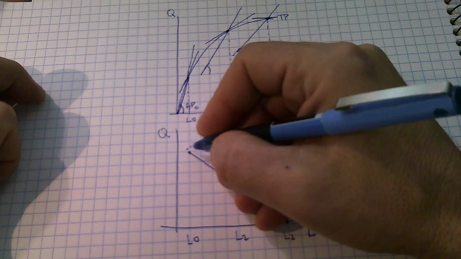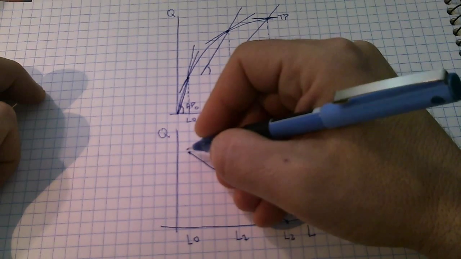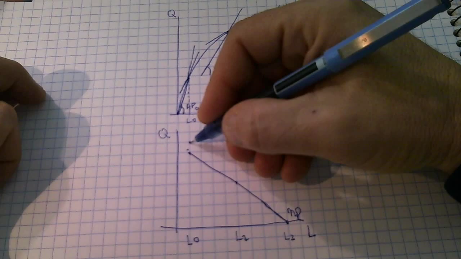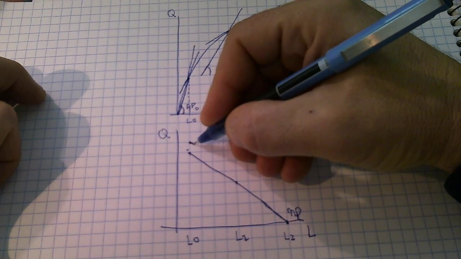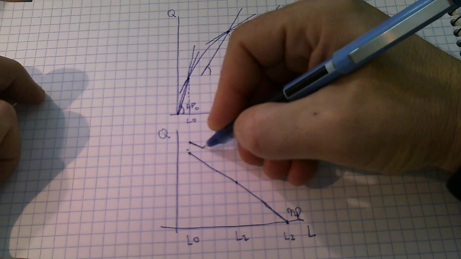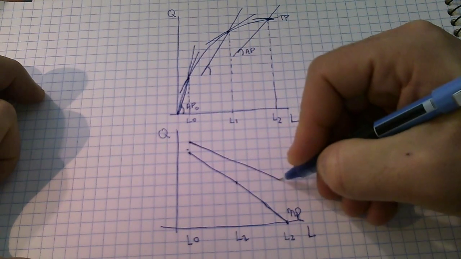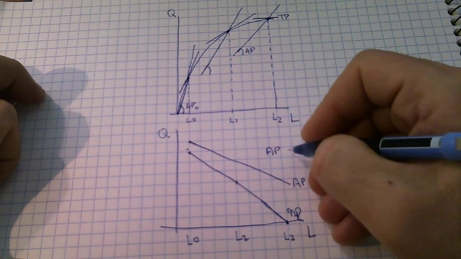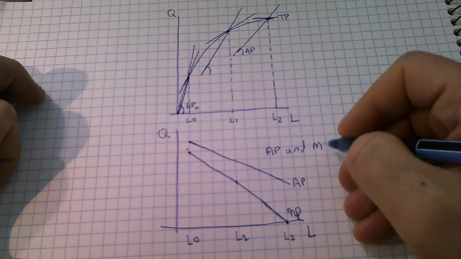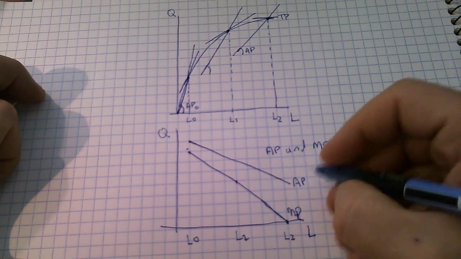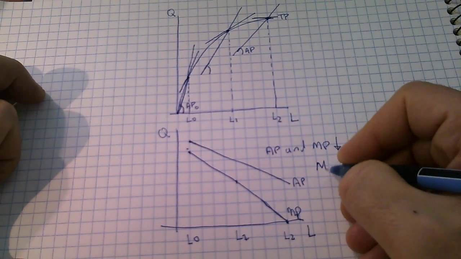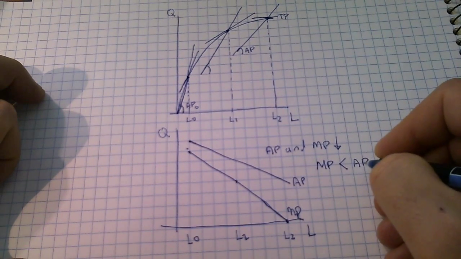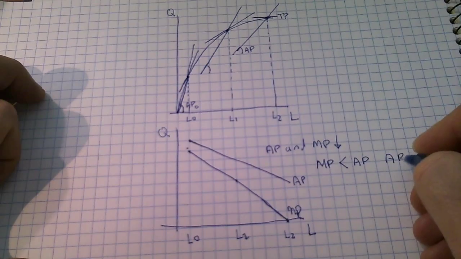So average productivity would be above marginal productivity, and it would decline also. So average productivity and marginal productivity decline. Also, since marginal productivity is below average productivity throughout, that pulls down average productivity.